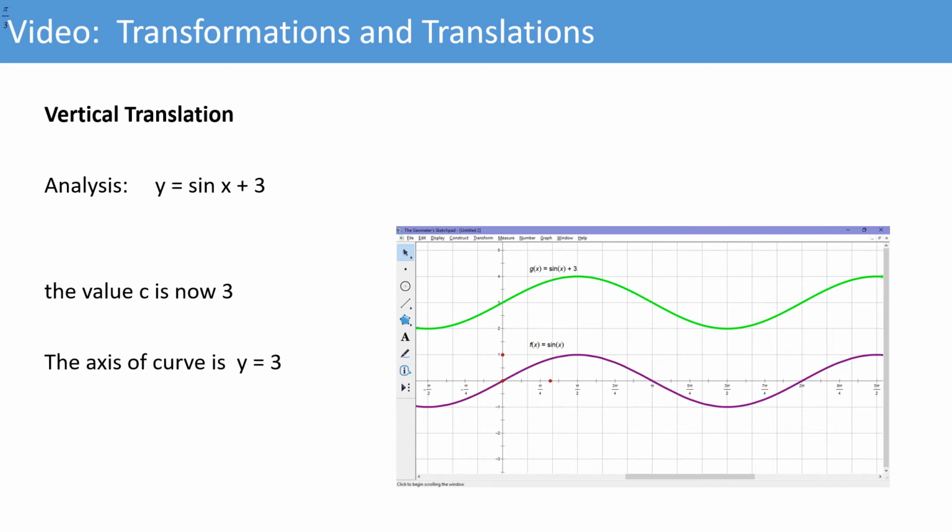That means the axis of curve is at y equals 3. And if we draw a horizontal straight line, we notice that, yes, it is at y equals 3. So by adding a number at the end of the equation, it determines the position for the axis of curve, which means our whole graph has moved up.